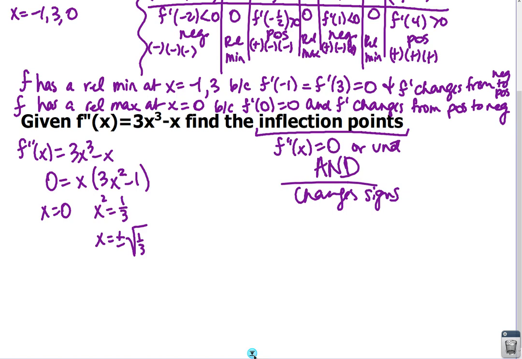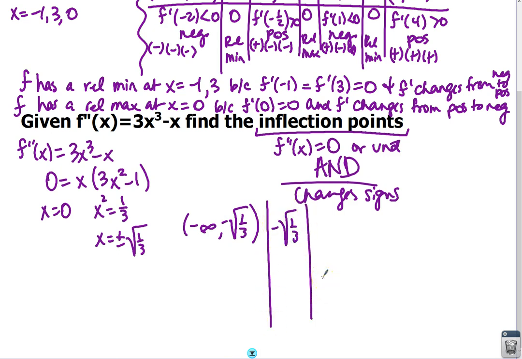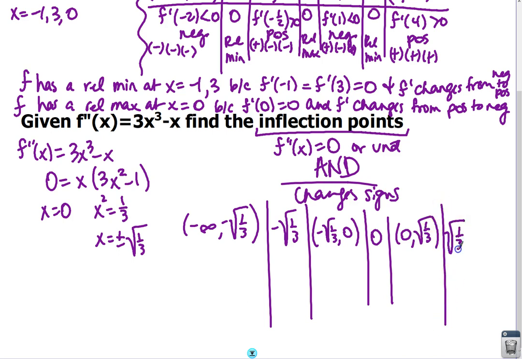Okay, let's see. So let's make a chart. So we're going to go from negative infinity to negative root 1/3, negative root 1/3 to 0, 0 to positive root 1/3, positive root 1/3 to infinity.